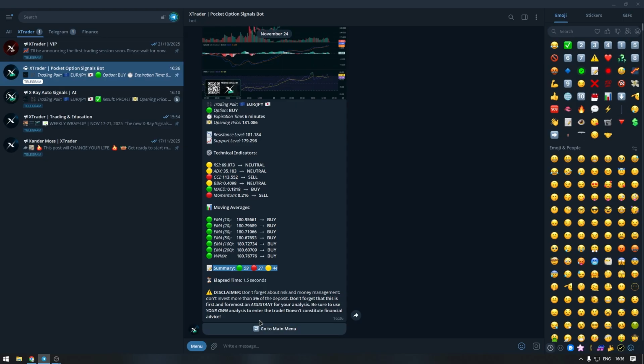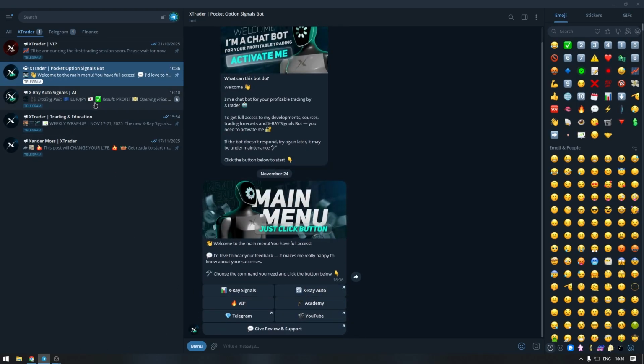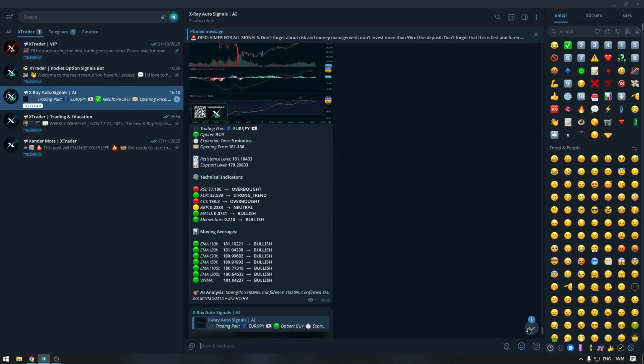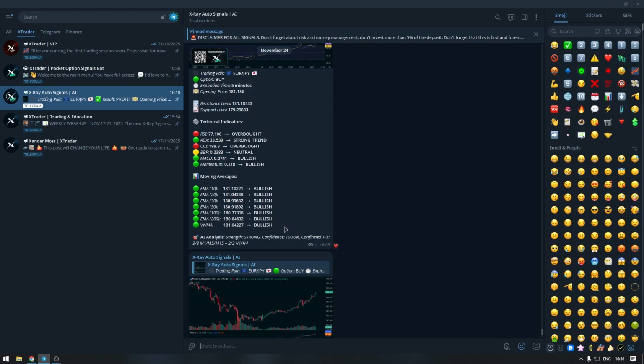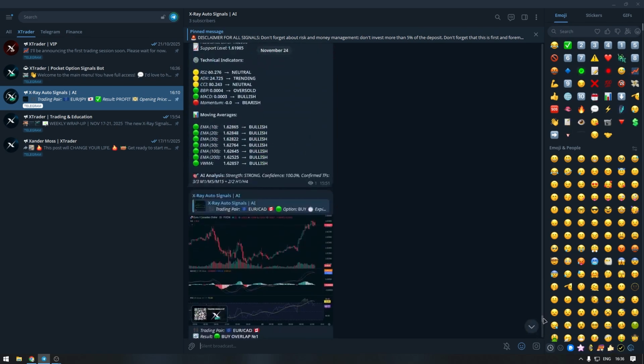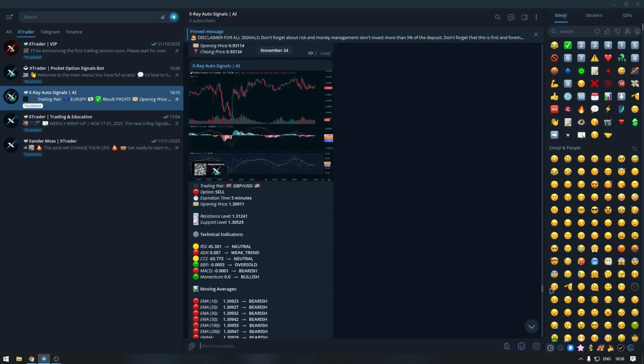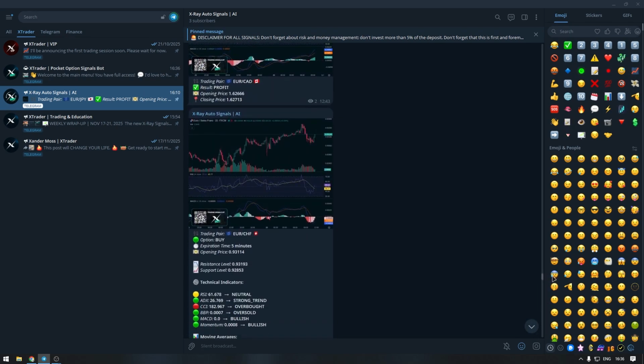And a summary of 130 indicators. And X-ray auto signals is about automatic trading. It's really connected with artificial intelligence. We made a huge update of it in version 3.0.